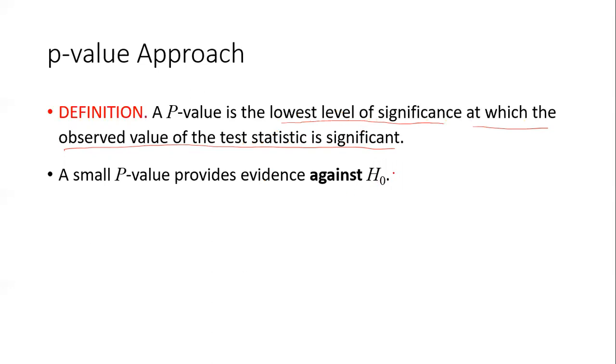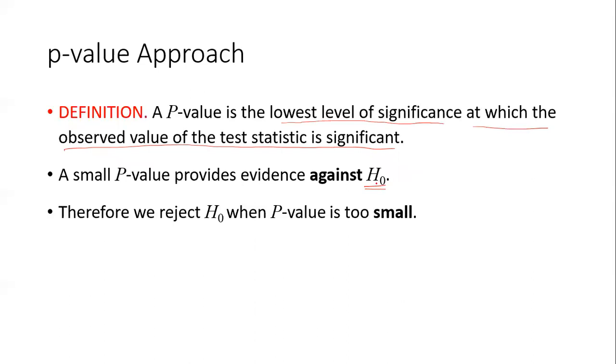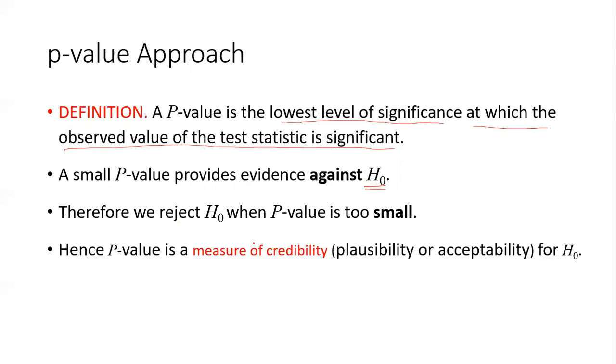If you have a small p-value, it means that your null hypothesis is not very strong. It's not credible. So we reject H0 whenever the p-value is too small.